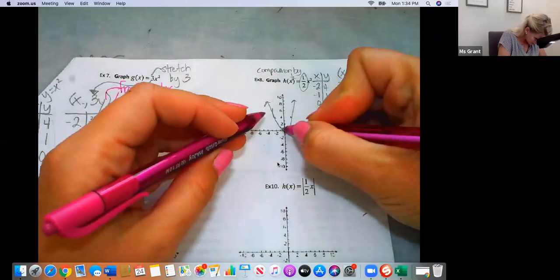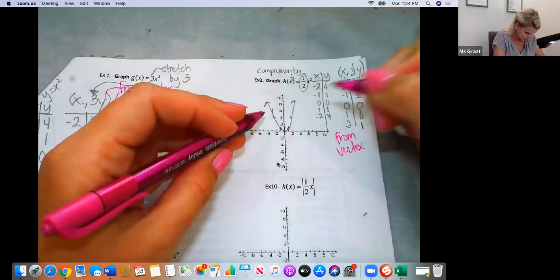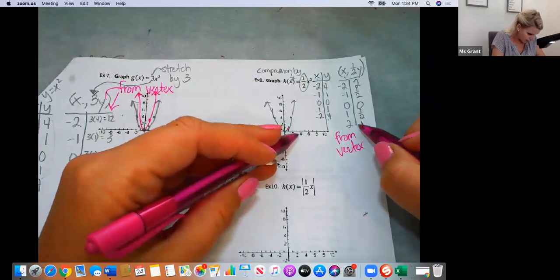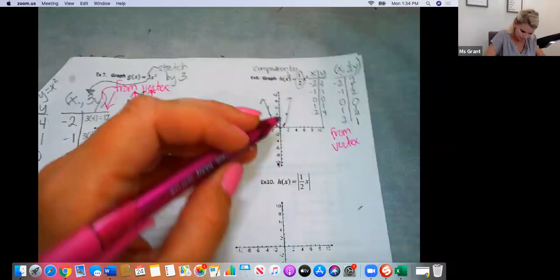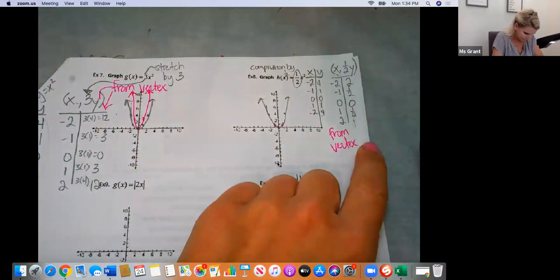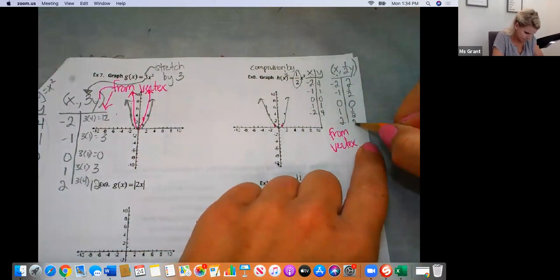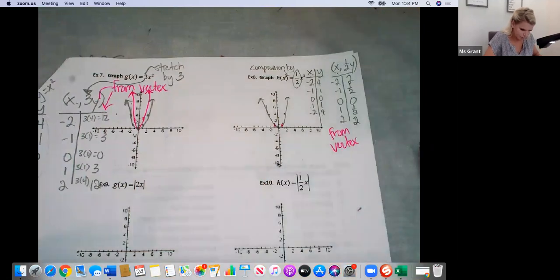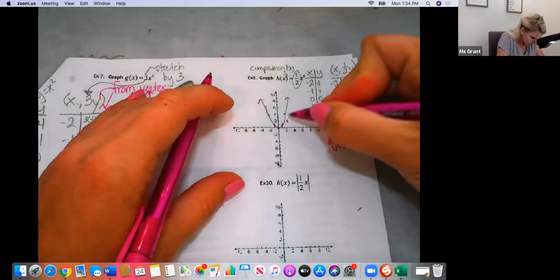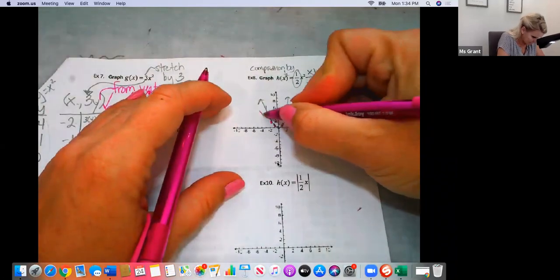So that's like not even, yeah. And then over 2 and, wait, there's an error. Okay. Over 2, up 2. This is going to be a wider parabola.